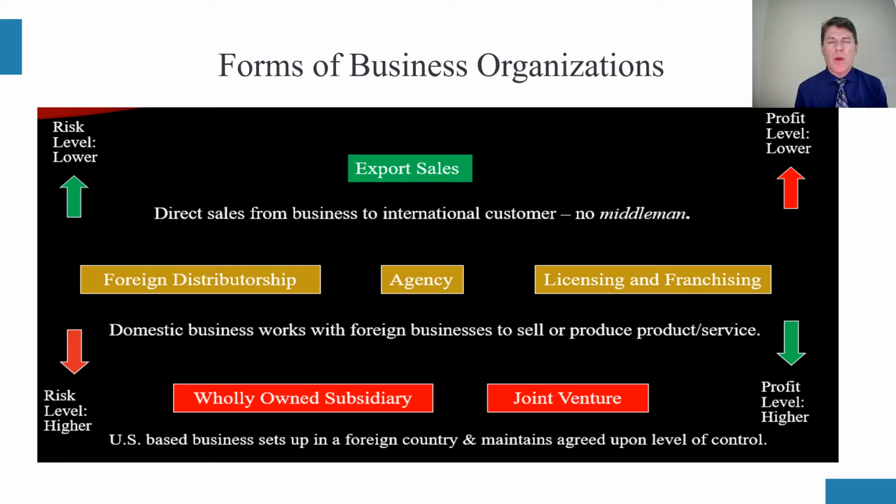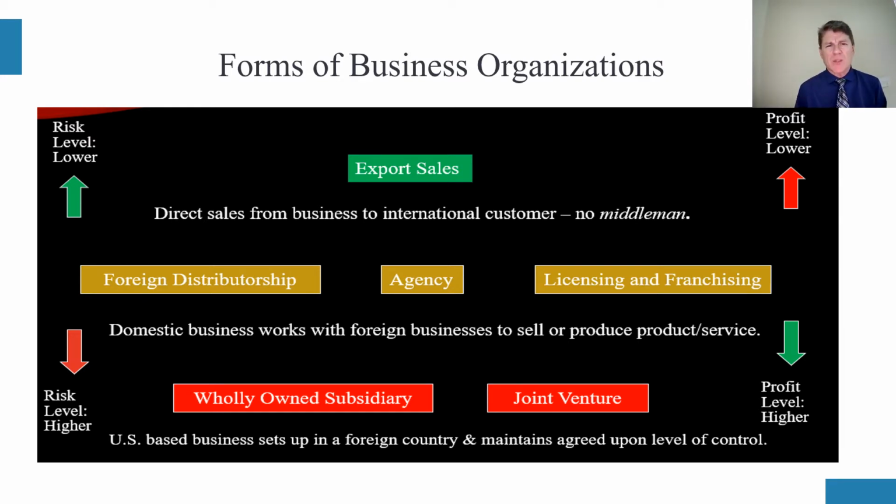That's where you have to partner with a local, whether an individual or a business in this other country, and then jointly you run the operation in that country. Either way, this represents the greatest level of investment and entrenchment in a foreign market, but hopefully this also reflects the greatest potential reward, meaning profitability.